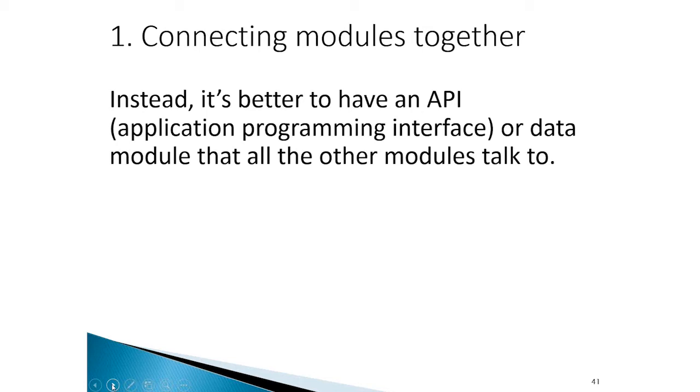Ideally, what we want is that each module, the intake module, the resource management module, the case management module, for example, they all talk to one piece of software that handles all of those data requests. And that data module, for example, can also do the job of being an abstraction layer for your underlying server or your underlying database.